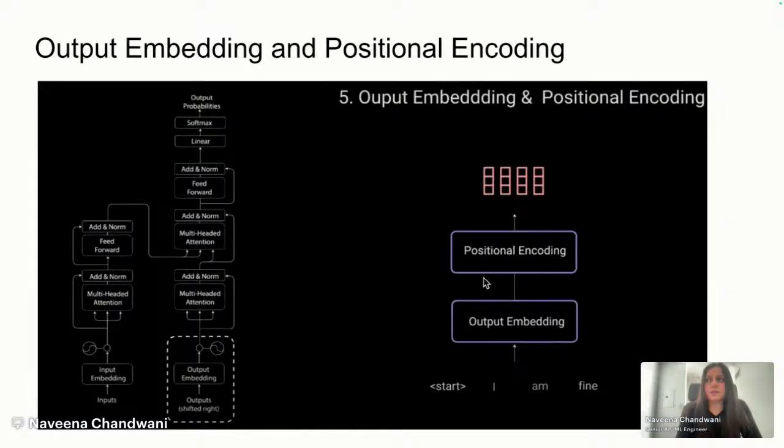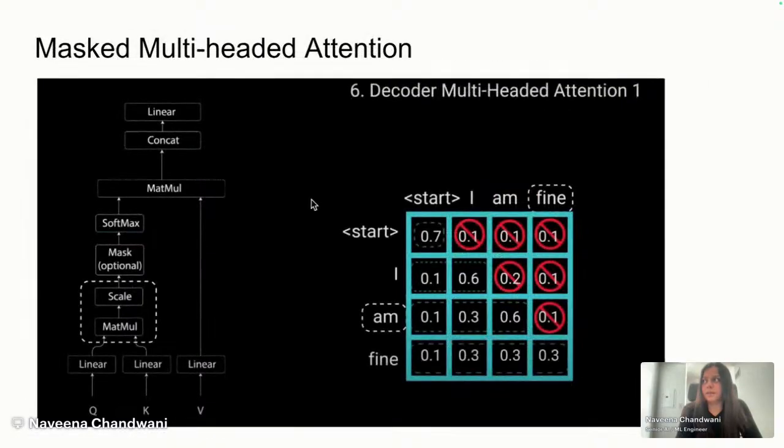And the initial layers here will be the same. So output embedding, positional encoding. This is interesting. Here we are saying that when we're generating the attention scores, each word should be able to pay attention to what it has seen so far.